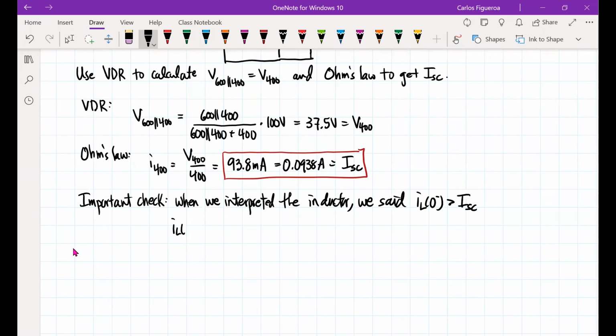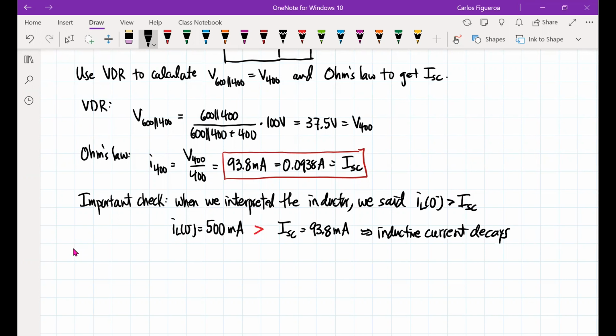I know that I initially was at 500 milliamps, versus I short circuit, which we just calculated, is now 93.8 milliamps. So you can see that this guy is greater. Therefore, this tells us that the inductive current decays. So that means at least we're moving in the right direction.